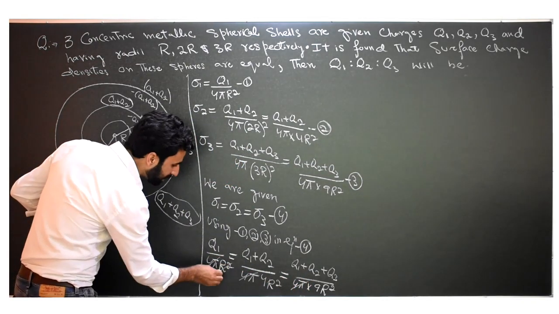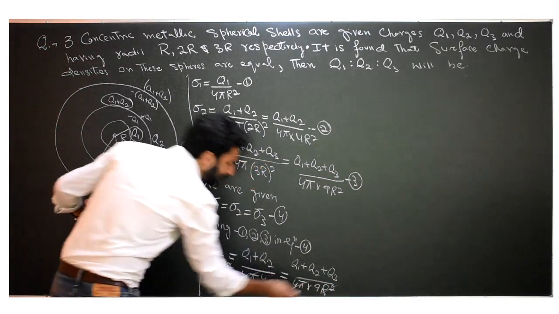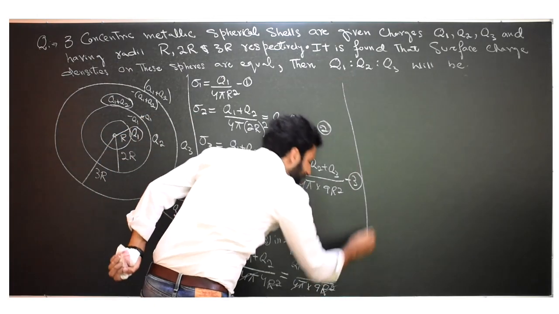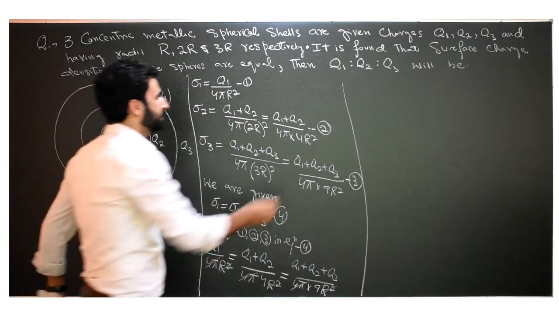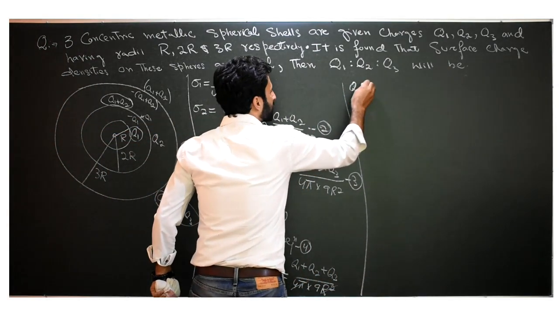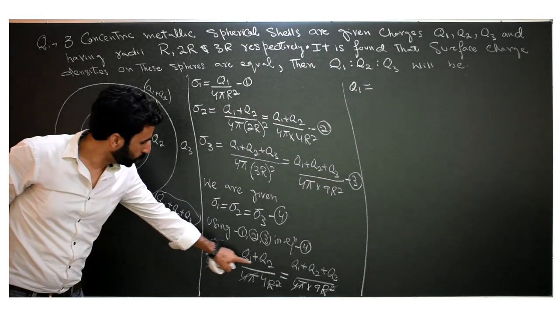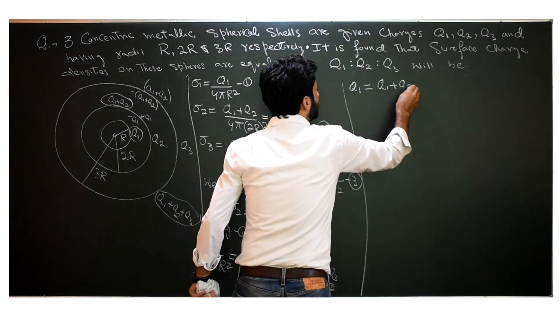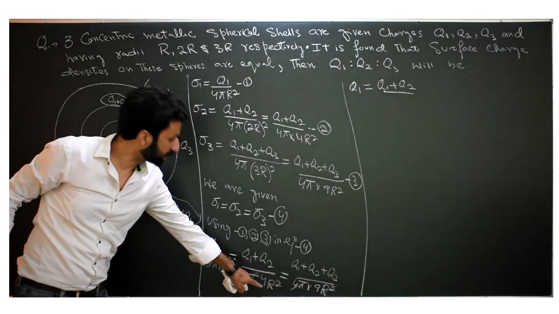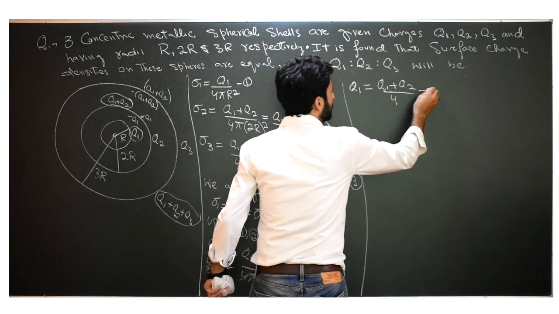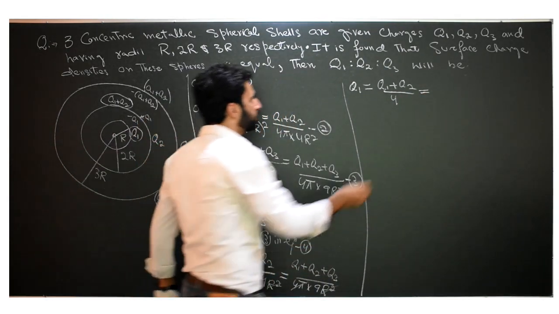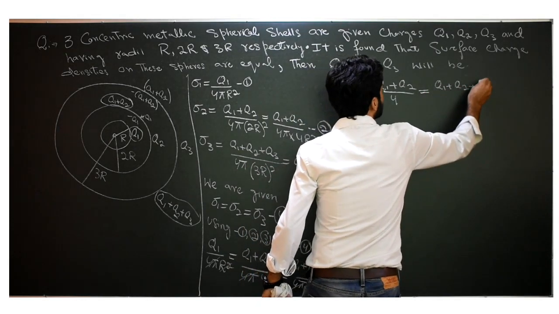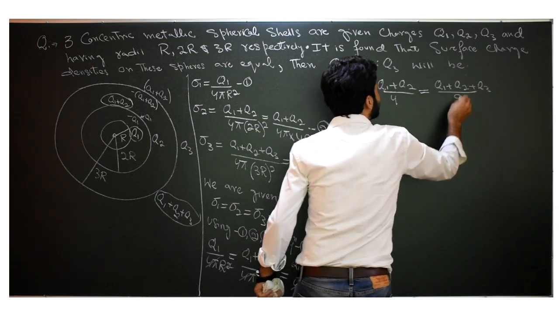And r square is here, here and here, so this cancels out. Now what we are left with is Q1 is equal to (Q1 plus Q2) divided by 4, which is equal to (Q1 plus Q2 plus Q3) divided by 9.